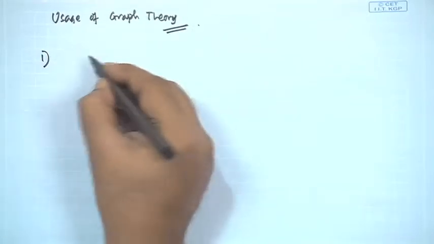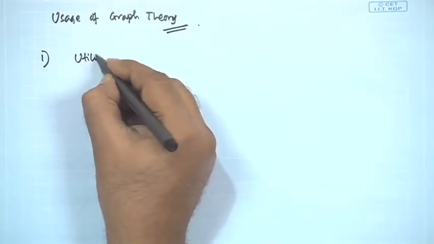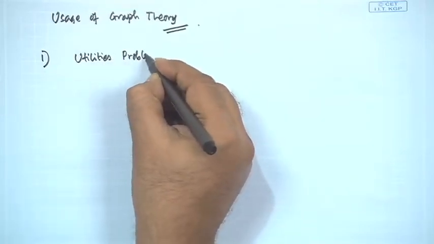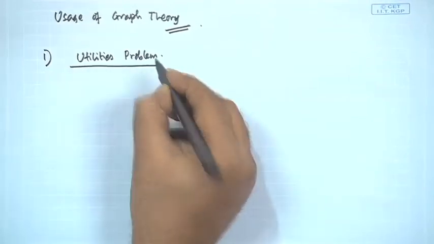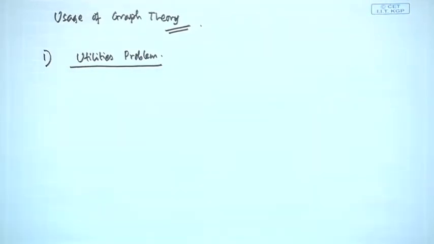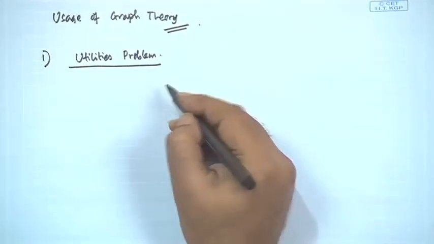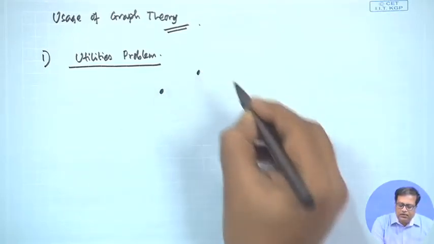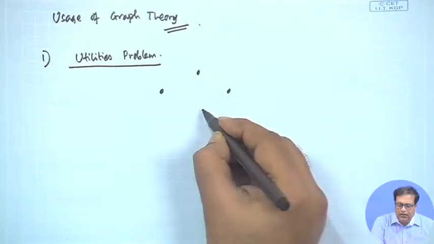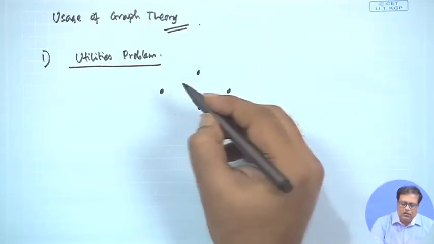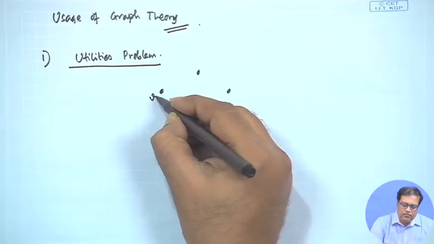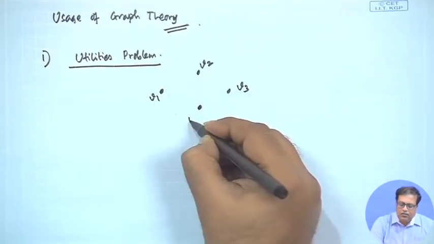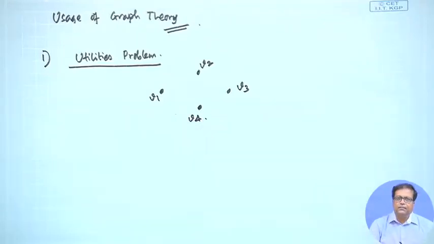Number 1, say a utilities problem. See, we have, first of all, a graph, or sometimes the graph may be called a network if we might think to have a flow between them.